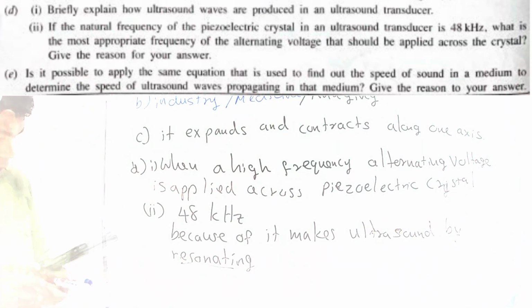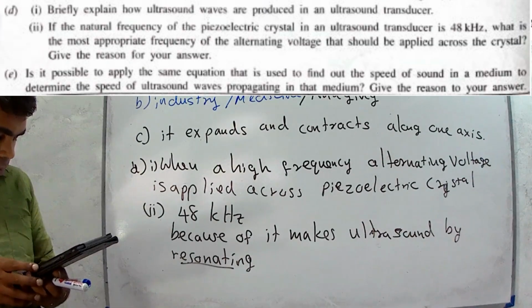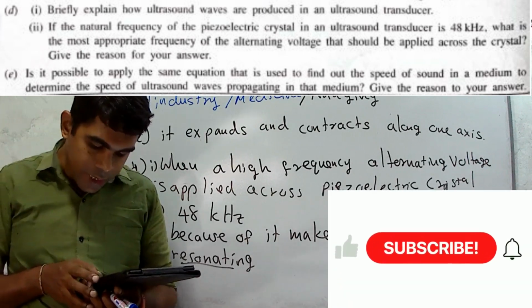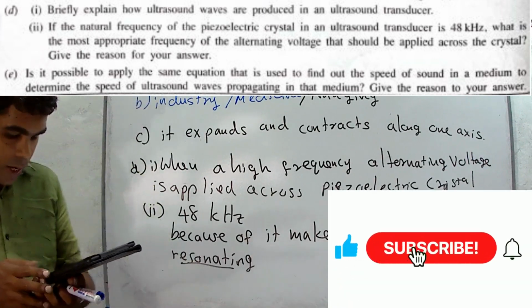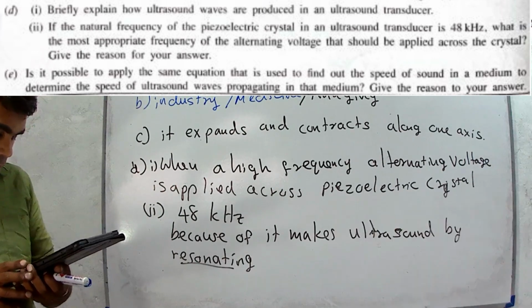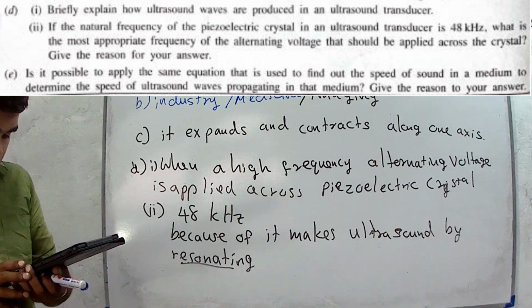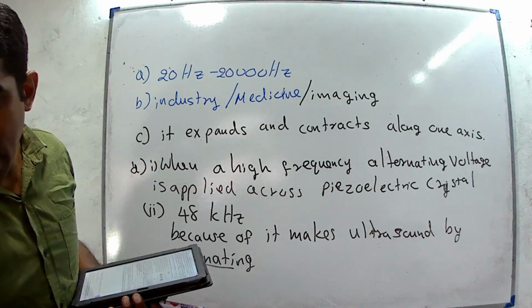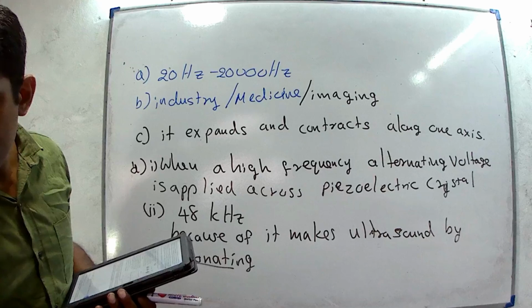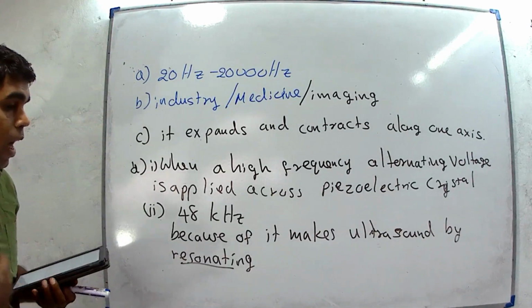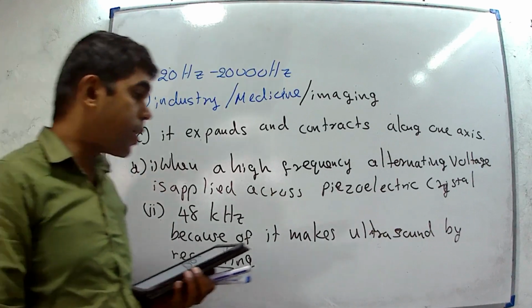Part E. It is possible to apply the same equation that is used to find the speed of sound in a medium to determine the speed of ultrasound wave propagation in the medium. Give reasons for your answer. We have to write, yes we can, because ultrasound waves are a type of sound wave.